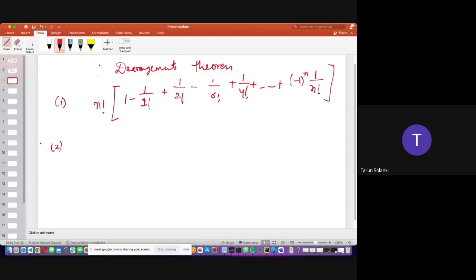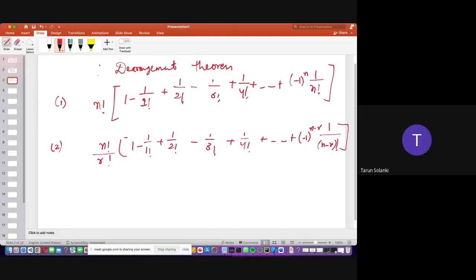And similarly, the second one is, if n things are arranged at n places, then the number of ways to rearrange exactly r things at the right places is n factorial by r factorial into (1 minus 1 by 1 factorial plus 1 by 2 factorial minus 1 by 3 factorial plus 1 by 4 factorial, and goes up to minus 1 to the power n minus r, 1 by n minus r factorial).